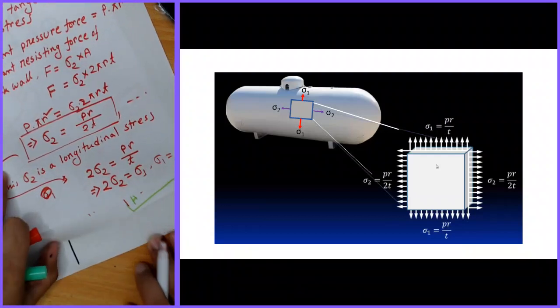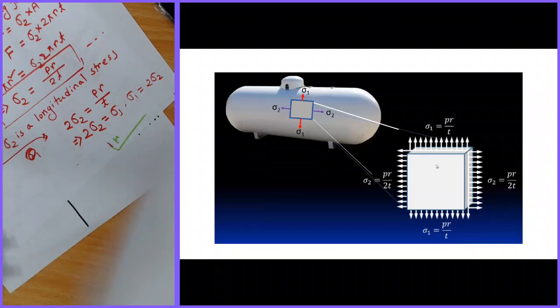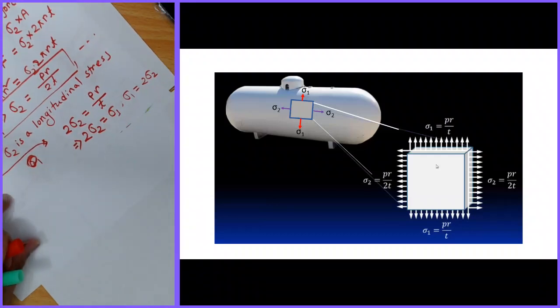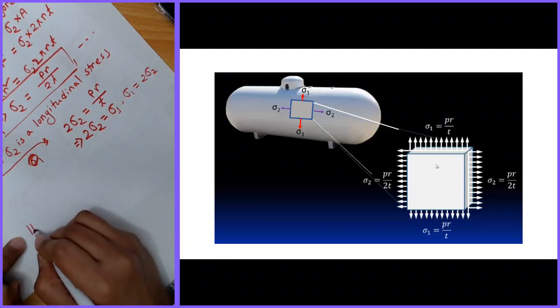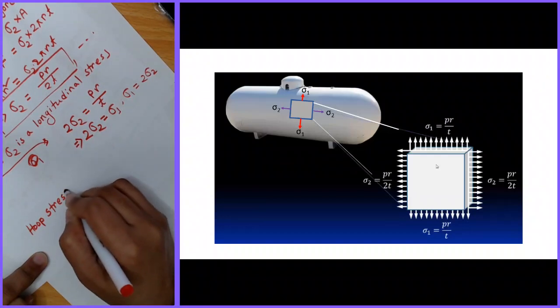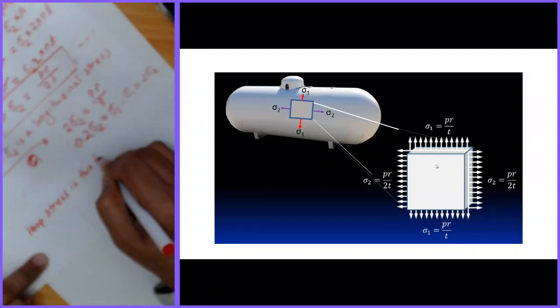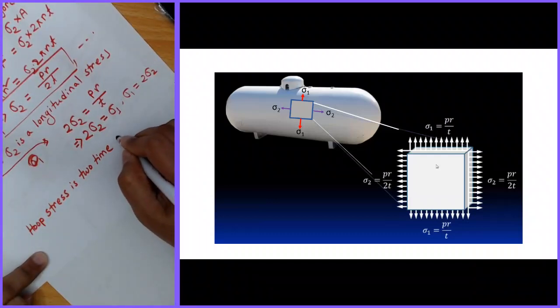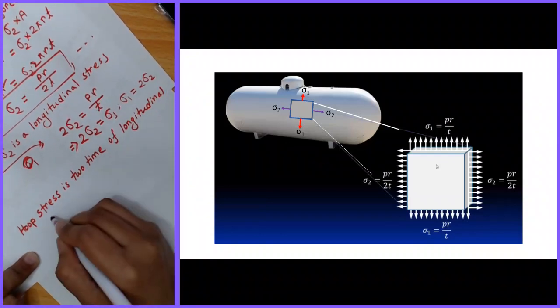So we draw that conclusion from this relation, and this conclusion is very important: hoop stress is 2 times the longitudinal stress.